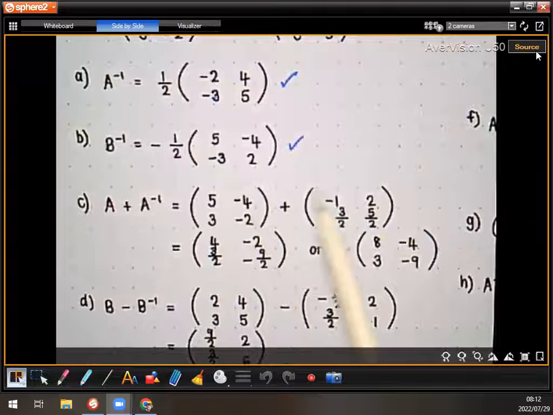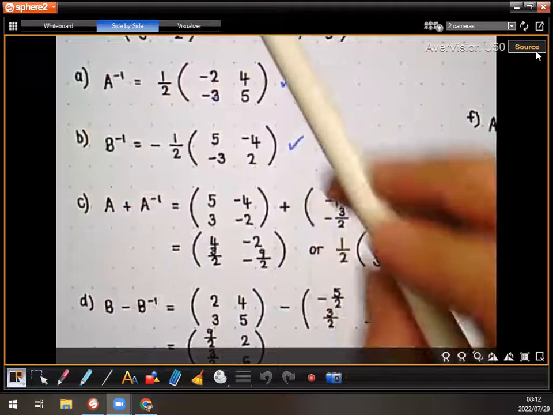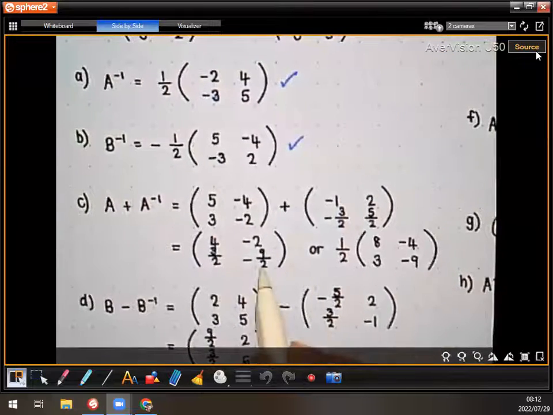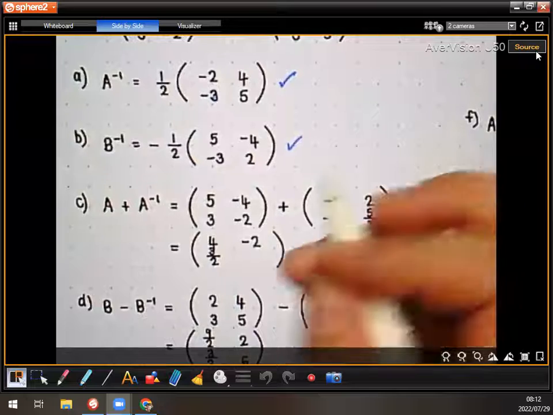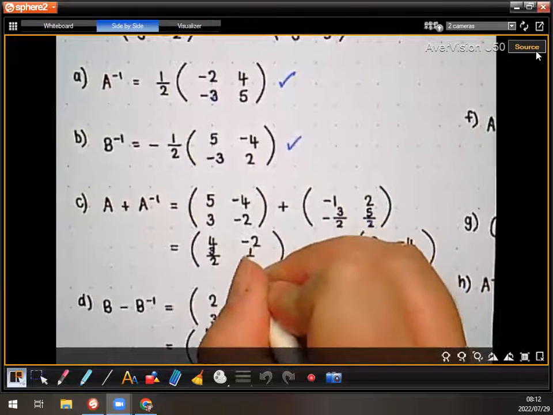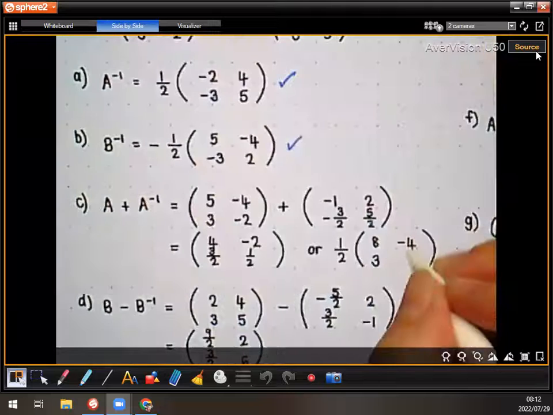And -2 plus 2.5. Oh, yes, I went wrong there. Okay. -2 plus 2.5 is supposed to be a half, not 9/2. So that is a half. So that means that this one must also just change.